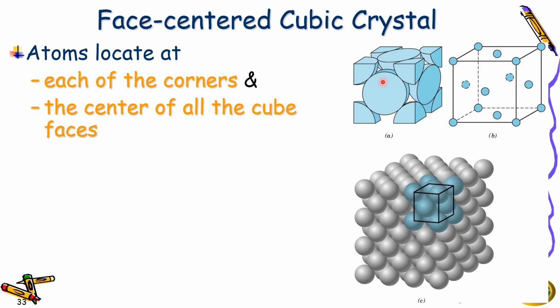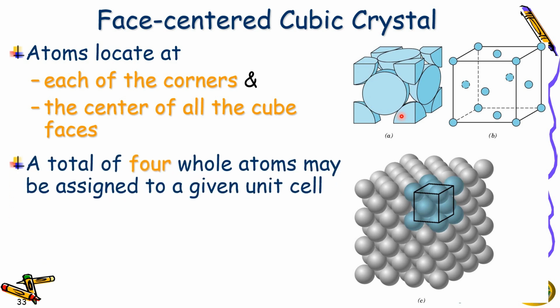And each face has a half atom. Though there are 6 faces, so you have 3 atoms. And 3 atoms plus the 1 atom which is located in 8 corners, right? So there are 4 whole atoms that may be assigned to a given unit cell. No problem.